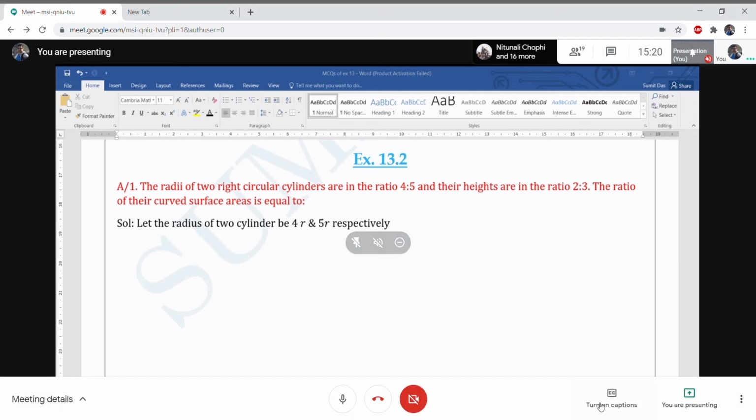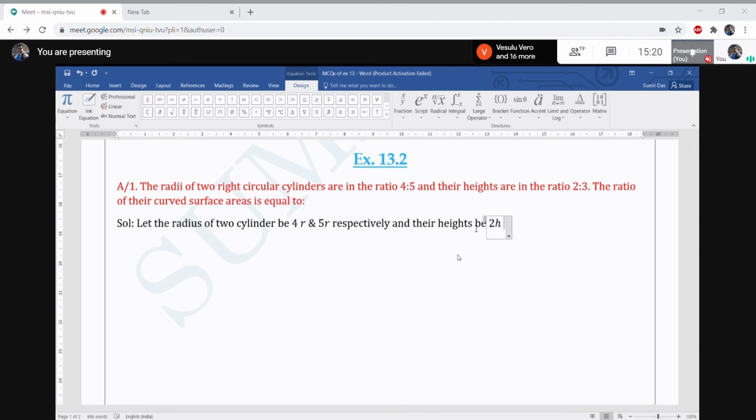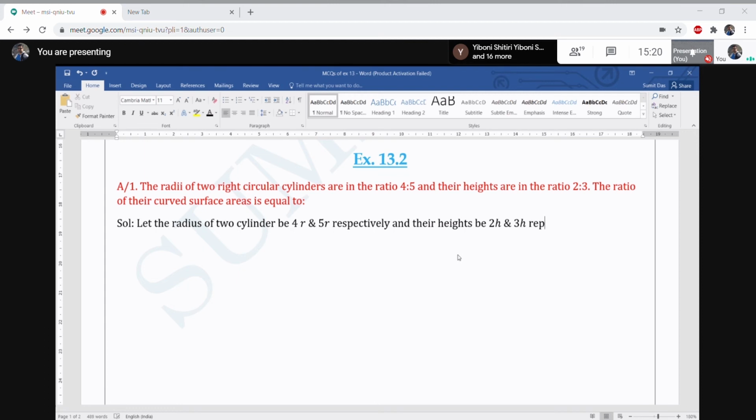Okay, 4R and 5R respectively. We have to take it like this. Then let their heights be 2H and 3H respectively. Okay, now let's find the ratio of their curved surface areas.